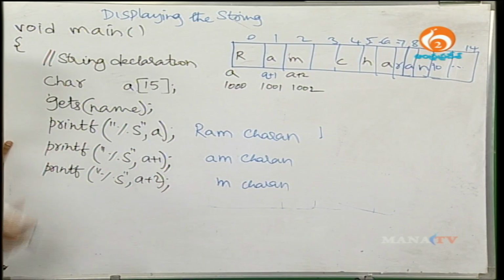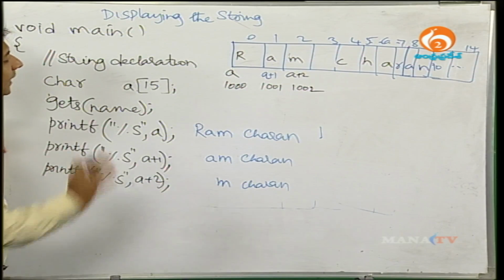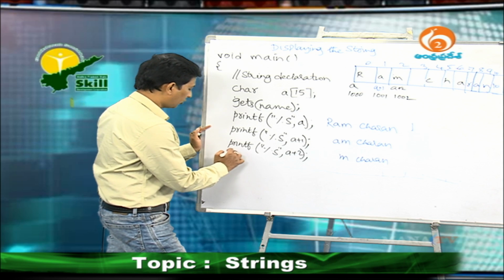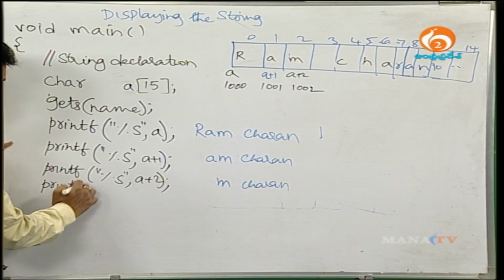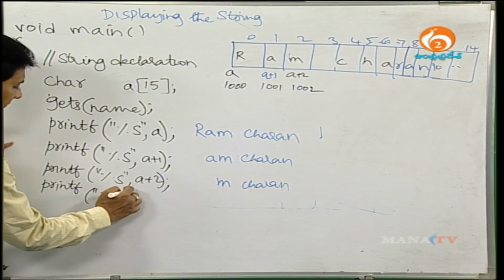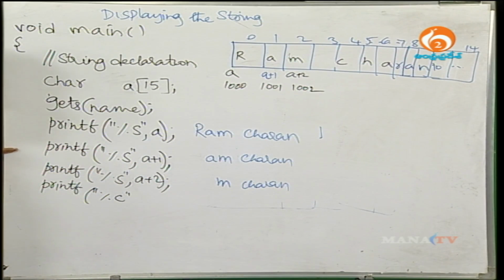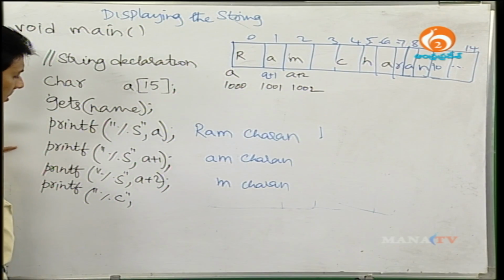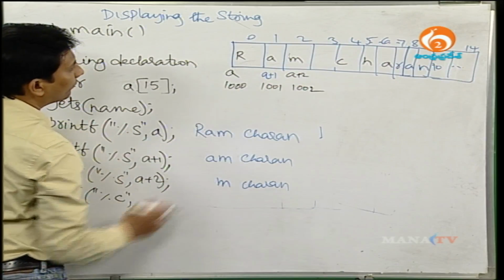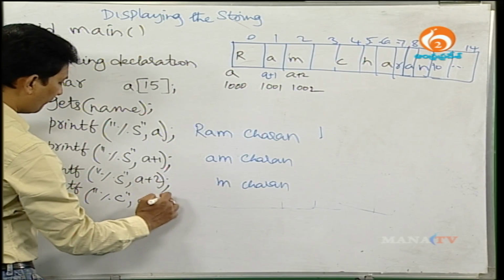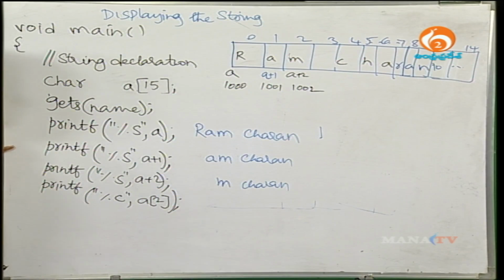Next, I want to display only some character but not the entire string. Then what is the process? Then we have to write something like this, printf character only, so %c, comma a of 2.